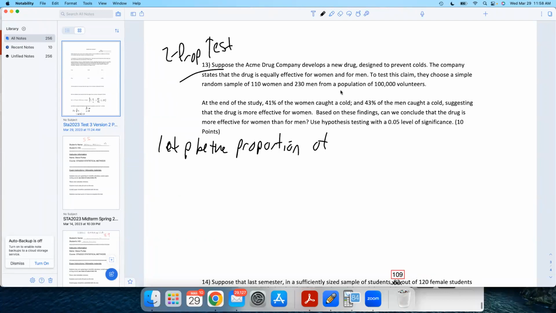What did some of them do? They caught a cold. So my population here is people. I could say men and women, but it's better if you don't mention your groups in this line. Let P be the proportion of people on this drug who caught a cold.